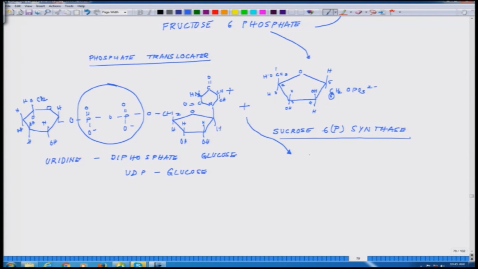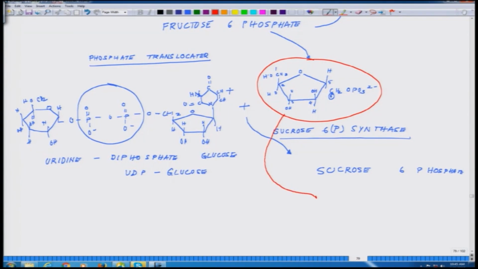What you essentially get out of it is sucrose 6-phosphate. So, sucrose 6-phosphate is nothing but this molecule, this what you see, the fructose, and you have this part which is the glucose.